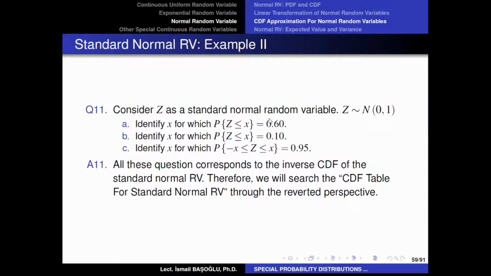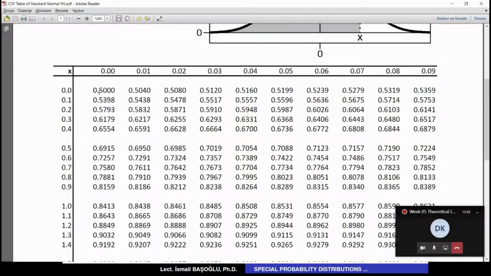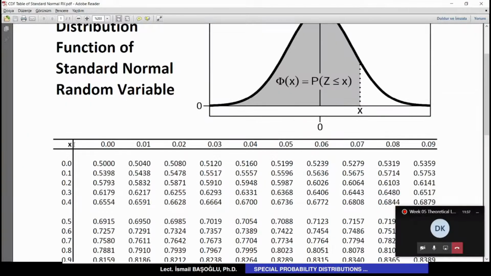So we need to check the normal table from an inverse perspective. This time I am going to look at the x values, but I need to find the probability as 0.6, the cumulative probability. The area on the left-hand side of x must be equal to 0.6, and I need to find the x value.